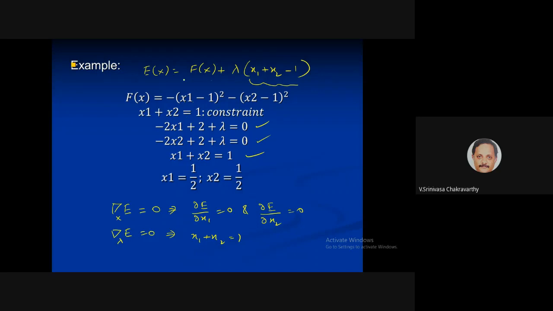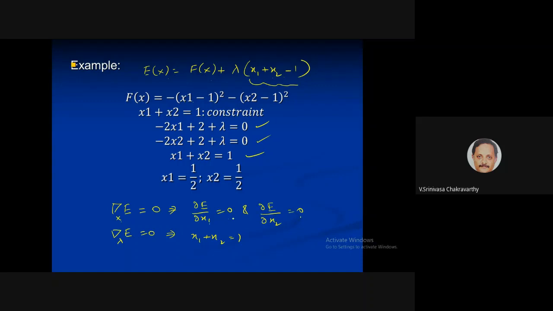So your extended Lagrange function is e of x equal to f of x plus lambda times x1 plus x2 minus 1, that is the constraint. If you take del e with respect to x equal to 0, that is equivalent to dou e by dou x1 equal to 0 and dou e by dou x2 equal to 0.